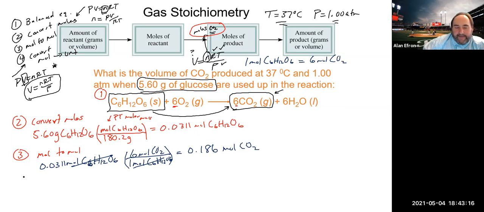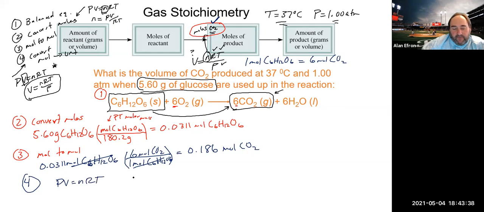So the last step is to take that now and convert it into the units we're looking for. Now we do have the moles of CO2, and this is really where this particular problem varies from a run-of-the-mill stoichiometry problem. We're going to again use our ideal gas law here.